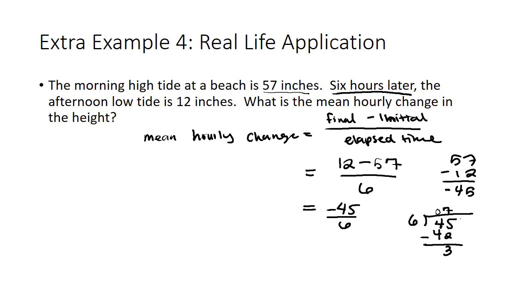So we need to add a decimal place. Add that 0, bring that 0 down. 6 goes into 30 5 times, so our answer is going to be negative 7.5, and it's negative because it's a negative divided by a positive. So our mean hourly change is going to be this negative 7.5 inches.